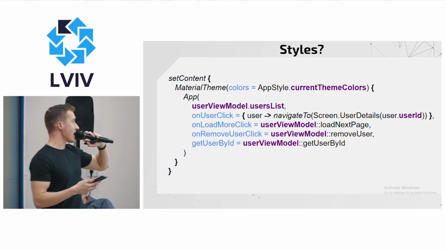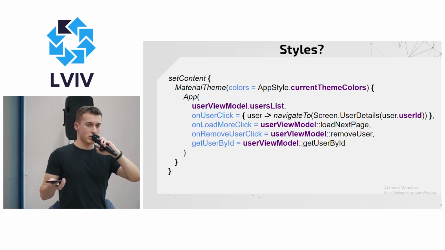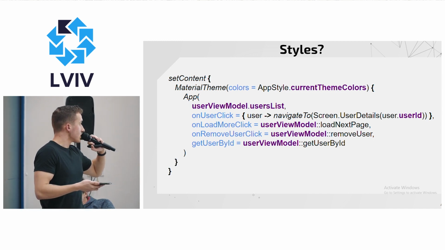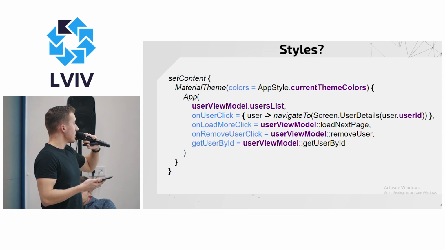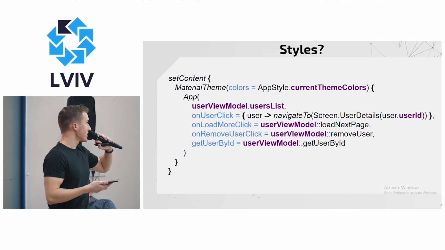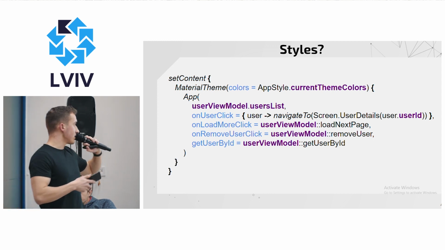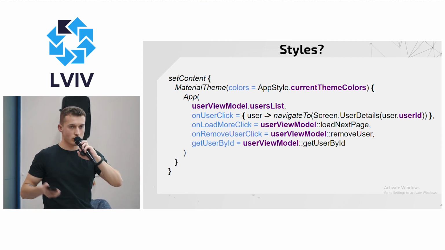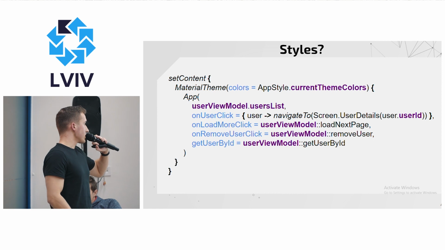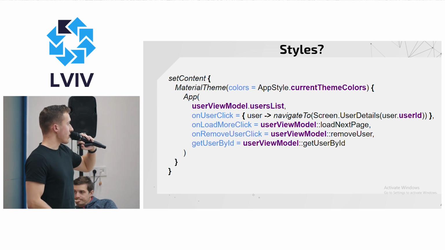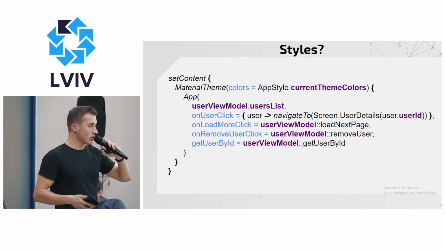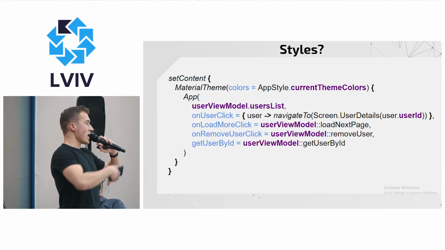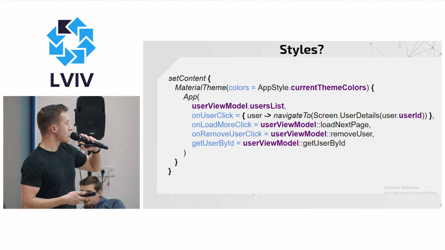So what about styles? It is painful right now, yeah? You can see we call here the MaterialTheme function, but actually we can define our own, but I just didn't have enough time to write the whole thing. And we can override colors, typography and other stuff with our custom implementations.